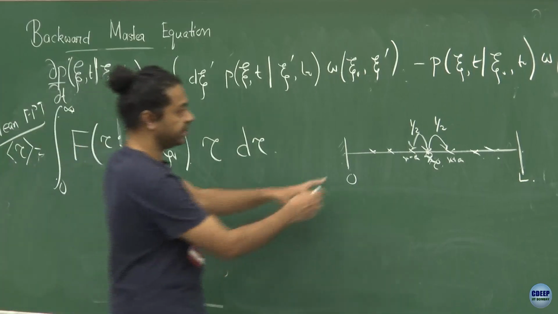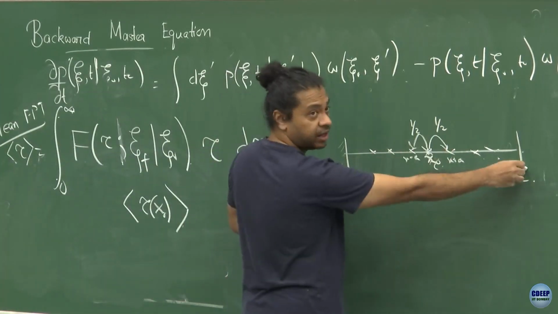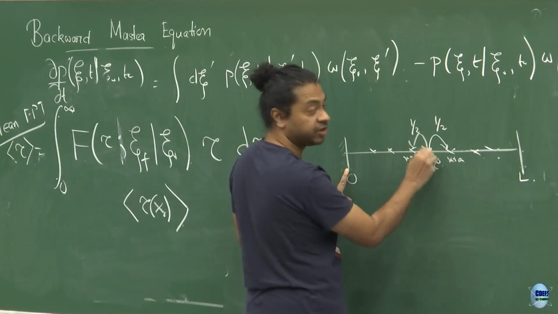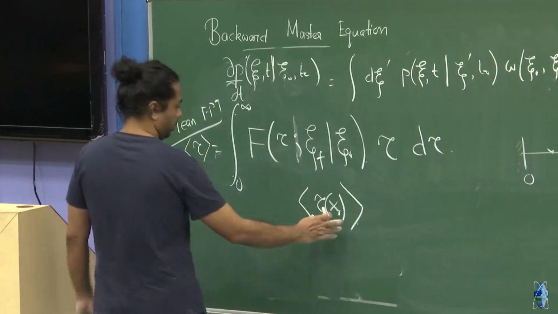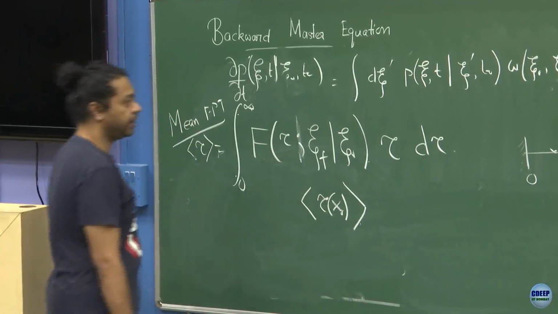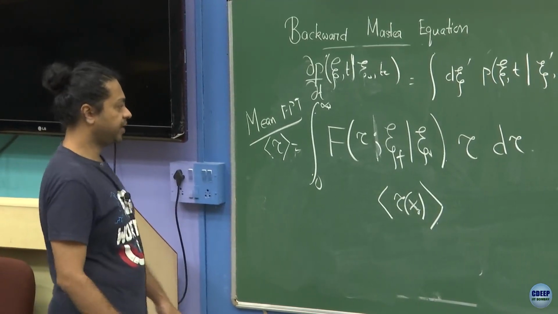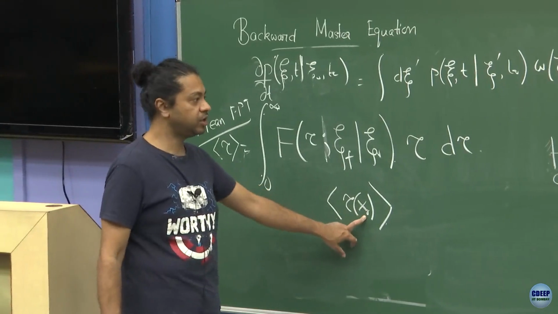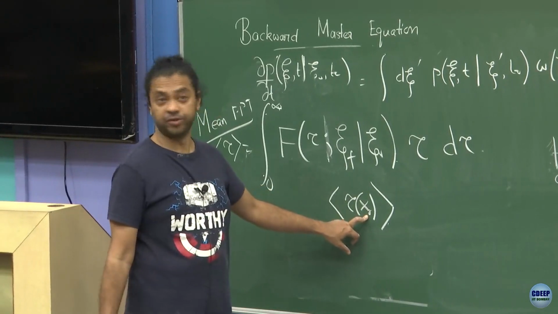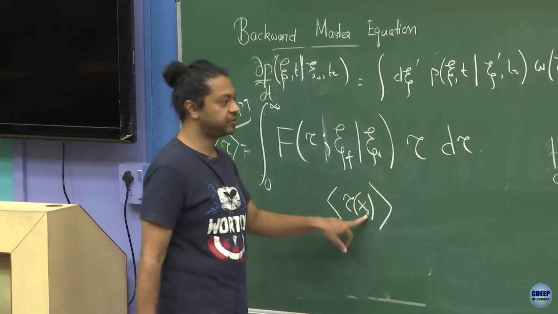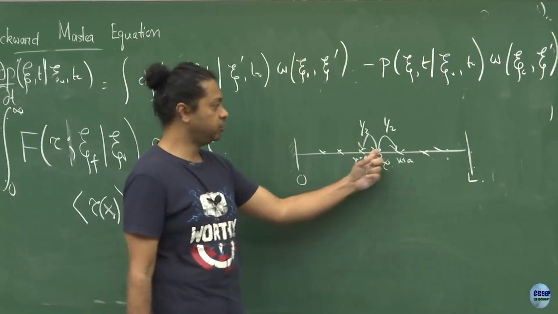Here my psi f is this 0 and L, and my psi naught is this starting position x naught. So, I want to write this mean time, and again I will do this exactly like I had done for the probabilities. If I am at some position x naught, this is my initial position. The first step out of this position I can take in two ways.